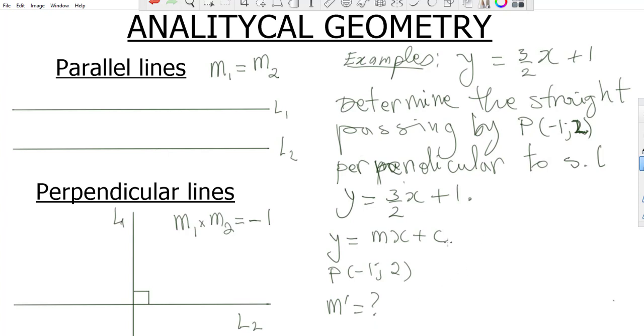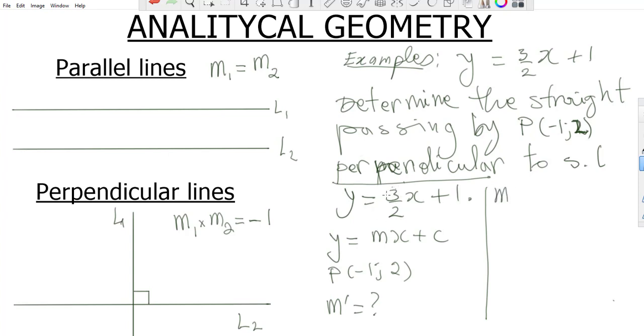Now it says that this equation should be perpendicular to the new straight line passing by the point P. So we need to find the gradient. As they are perpendicular, you first find the first gradient.